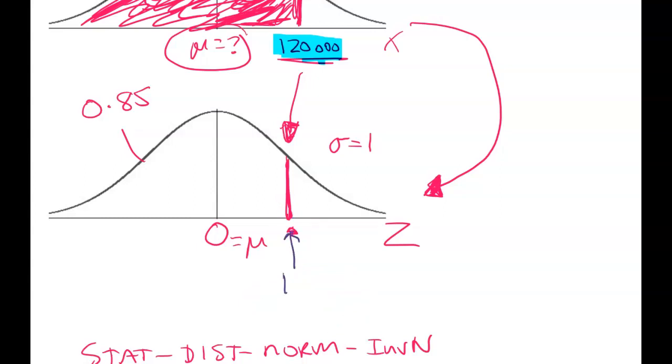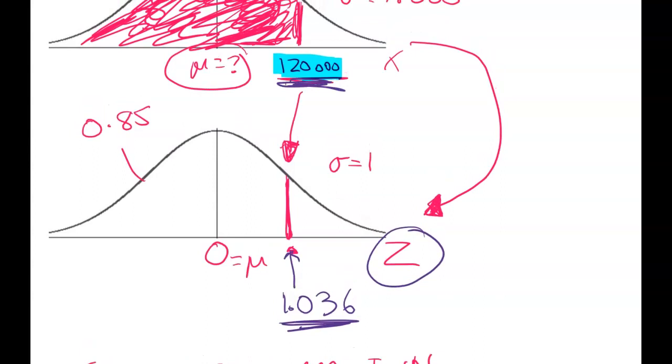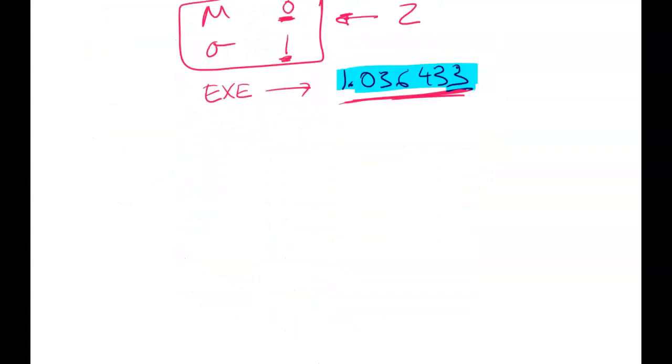So here, what we're saying is that when we draw our corresponding Z picture, the 120,000 represents 1.036 standard deviations above the mean. So now we're going to reverse engineer it and figure out what the mean is.